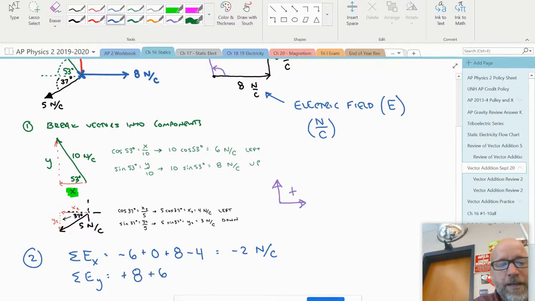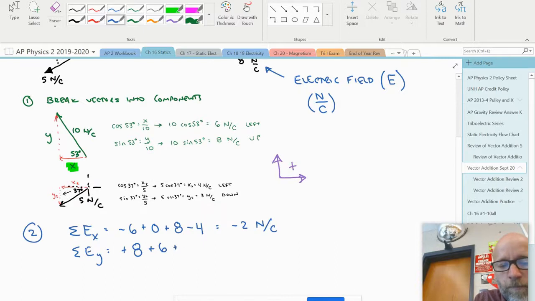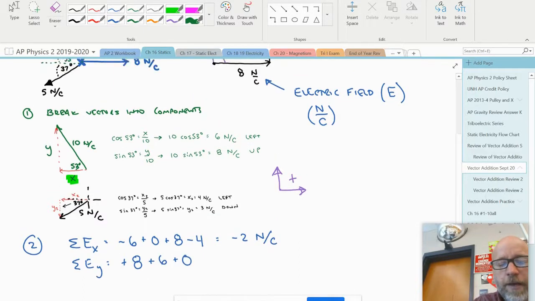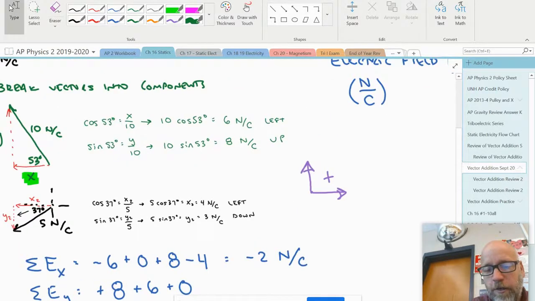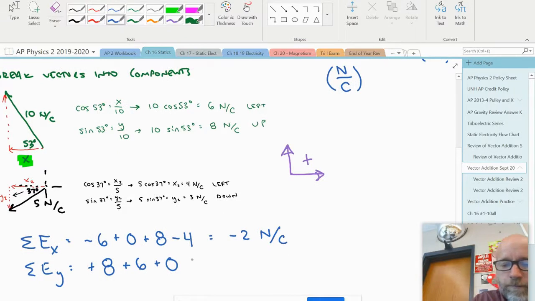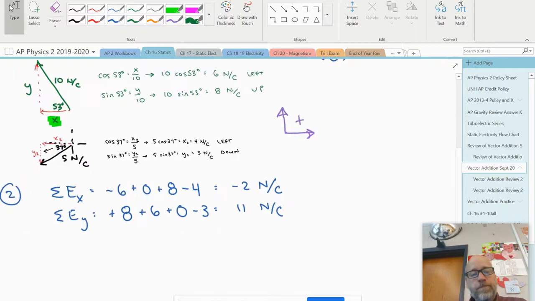Now that's the red 6 that we're talking about right here. Plus 0. And then finally, this black vector in the downward direction was negative 3. 8 plus 6 minus 3? 11 newtons per coulomb. Okay.